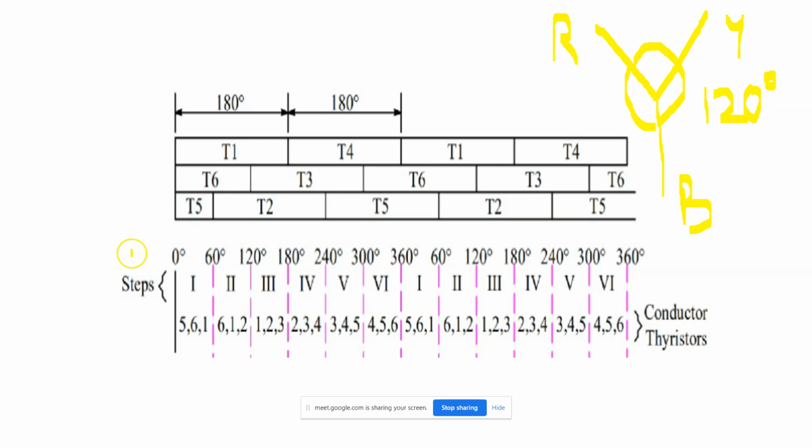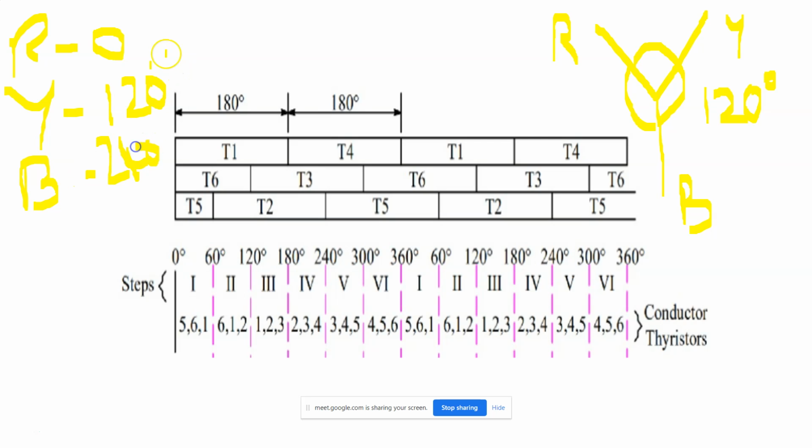Say, for example, the first phase R starts at 0, Y starts at 120, and B starts at 240. You can see there is a phasor difference of 120 degrees each.